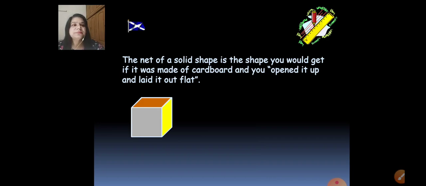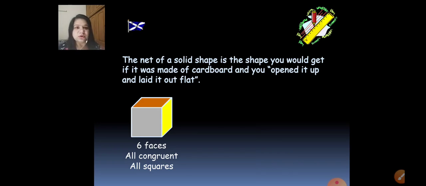Again I am going to separate the faces of this cube now. So 6 faces are there and all are congruent. Congruent means all are having same shape and same size, all are equal. And all faces of this cube are what shape? These are all squares, because all 3 dimensions, length, breadth and height, are same here.